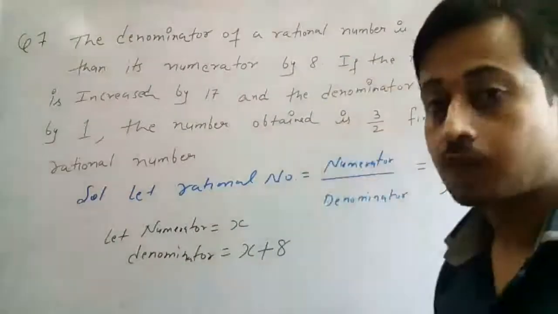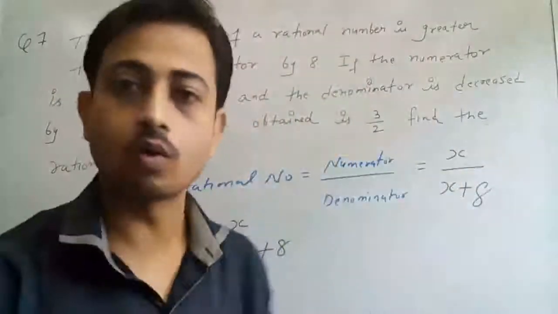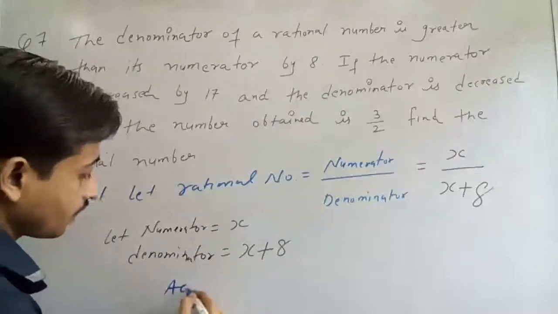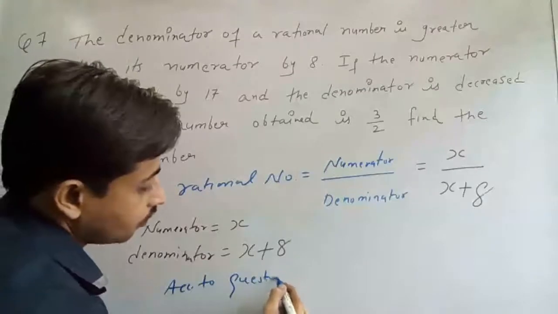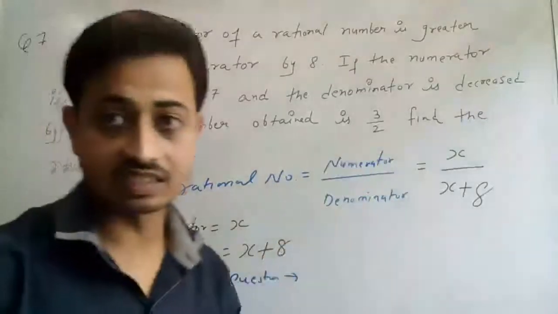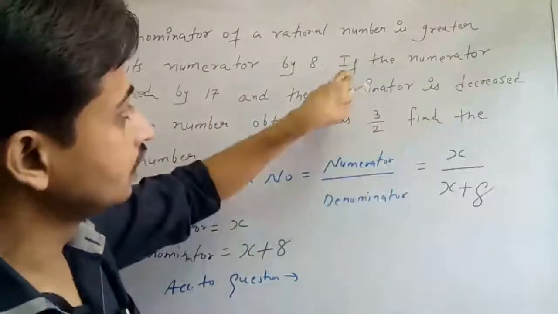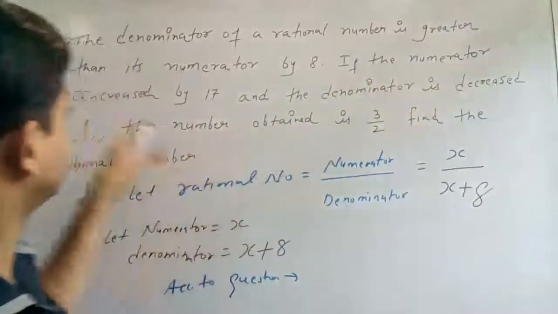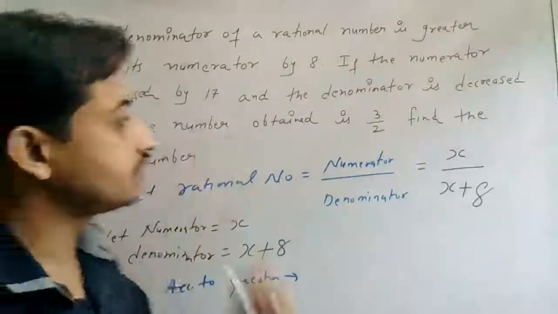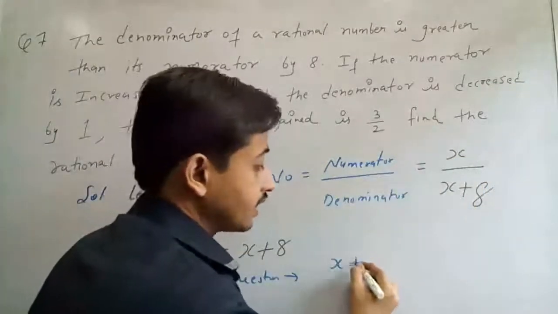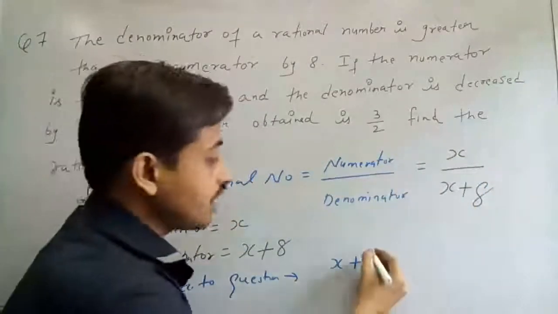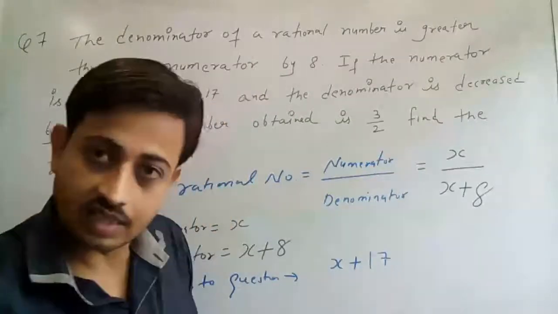Now the next part, according to the question. Please read the statement very carefully. If the numerator is increased by 17, the numerator is x, and increased by 17 means we have to add 17.